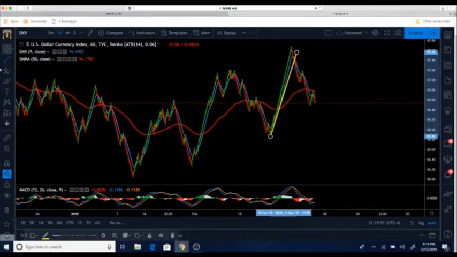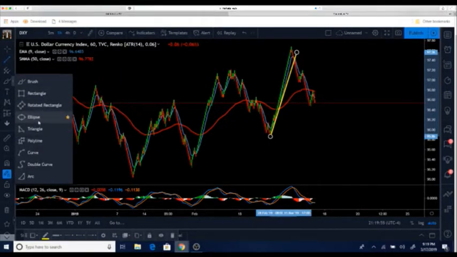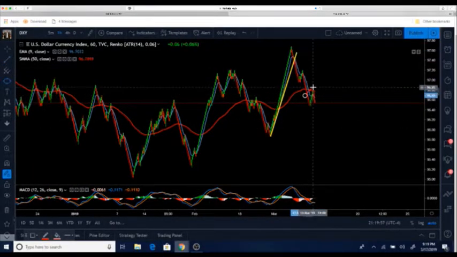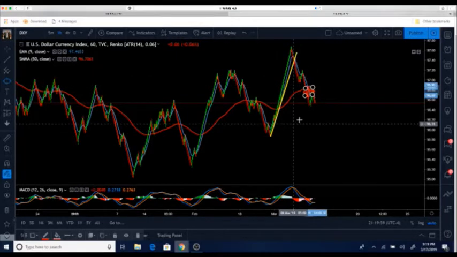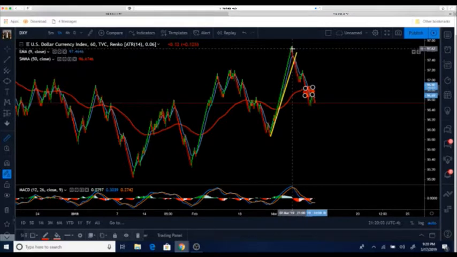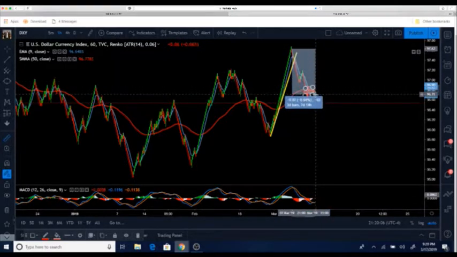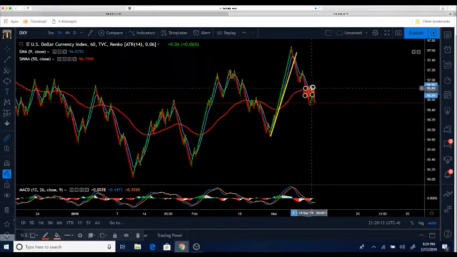Now, based on the 1 hour time frame, I didn't get my crossover until right around here, right? But I'm late. I'm super late to the party, right? This started dropping all the way from up there. So I've missed about 90 pips, right? I've missed about 90 pips before I got in.